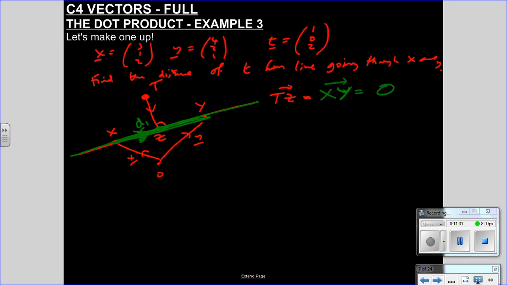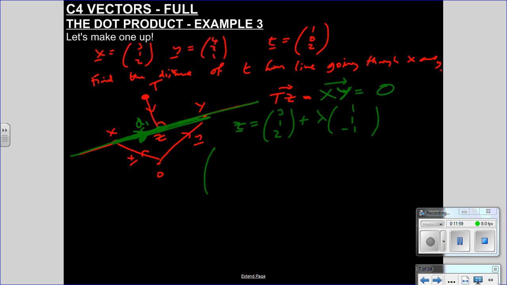Well, z, as we said before, is any point on the line. So this should straight away get you to go: z is x plus direction vector times lambda. Direction is x to y, so that's y take x. So 4 take 3 is 1, 2 take 1 is 1, 1 take 2 is minus 1. So therefore t to z is going to be z take t.